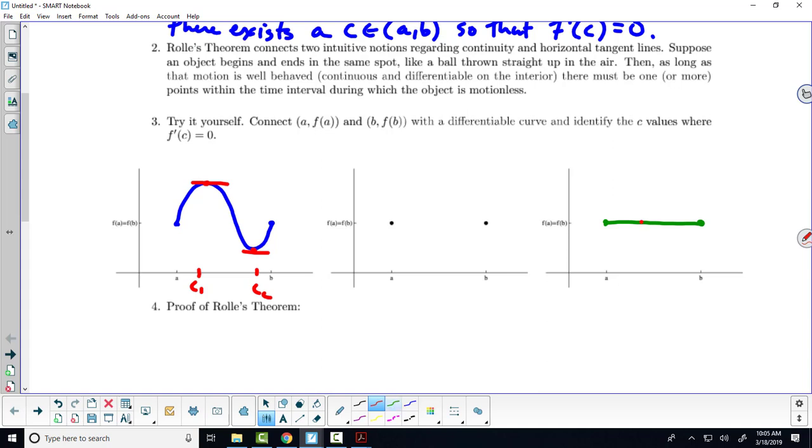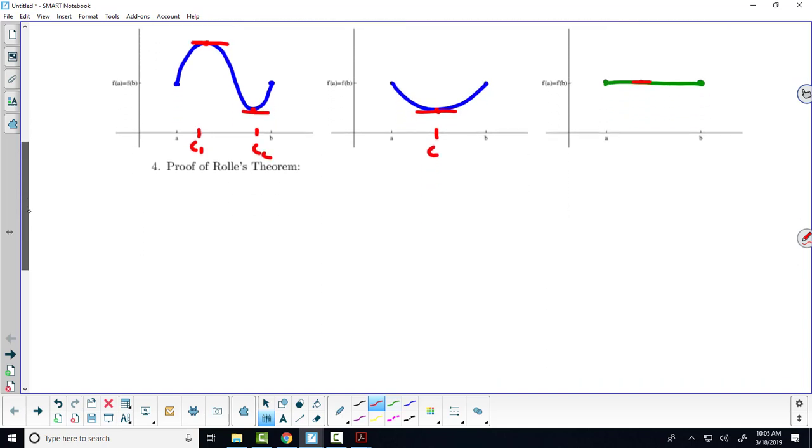If you've got a constant, then of course everywhere you have a horizontal tangent line. And then maybe as a third example, maybe we'll go down like this. And then sure enough, here at this c value right here, we had a horizontal tangent line.